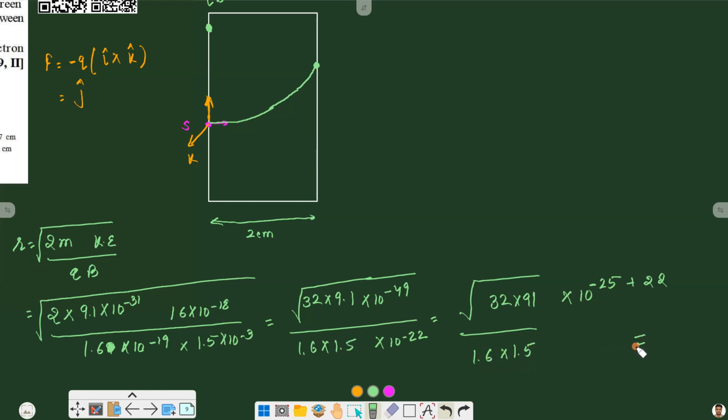Now solving all of this, what we get? We get 2.25 centimeter. This is our radius for this circular orbit.